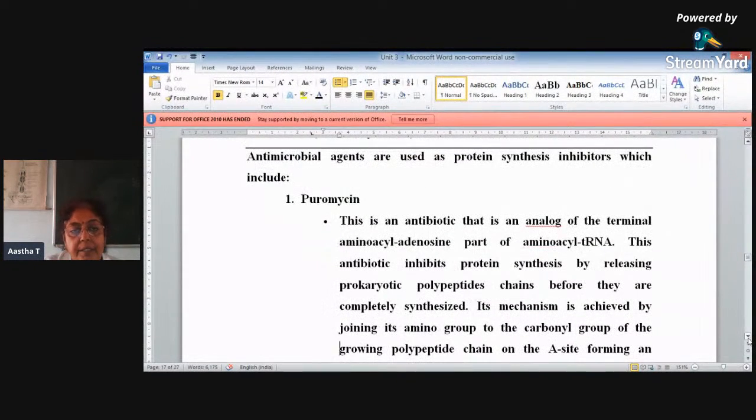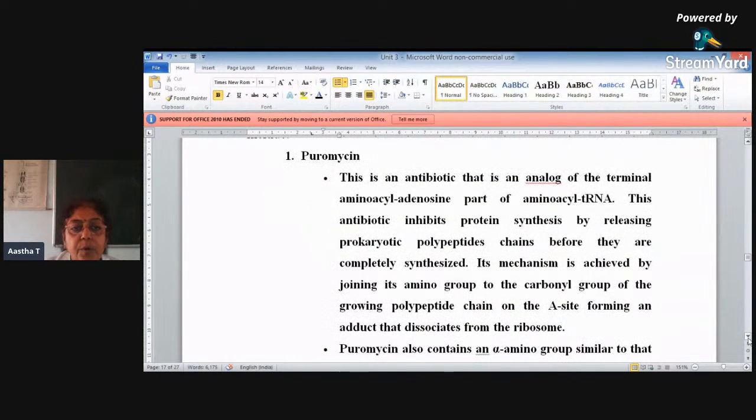Translation inhibitors. So the first one is puromycin. It's an antibiotic and it is the analog of the terminal aminoacyl adenosine part of aminoacyl tRNA. This aminoacyl adenosine is located at the terminal end, and the structure of this terminal aminoacyl adenosine matches with puromycin antibiotic.